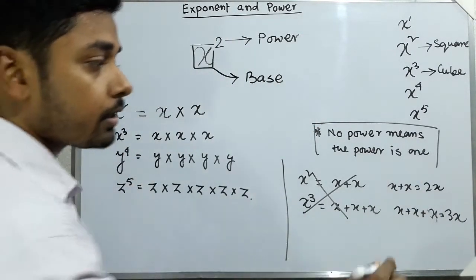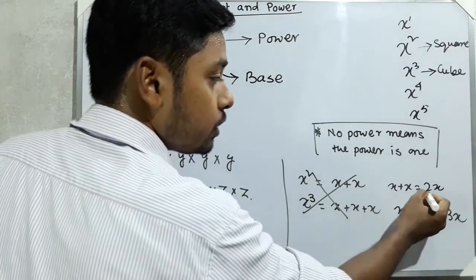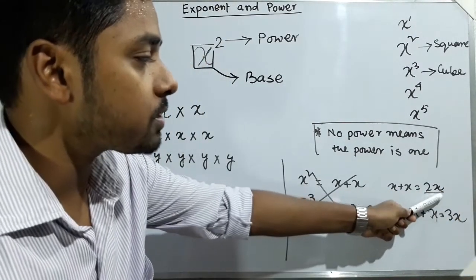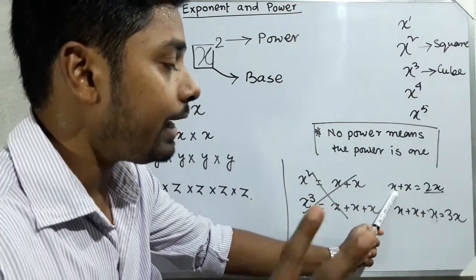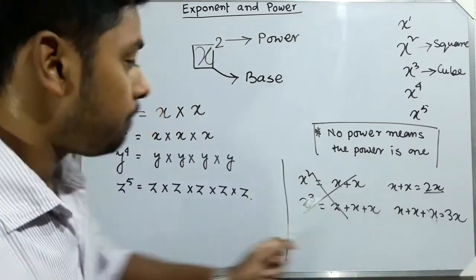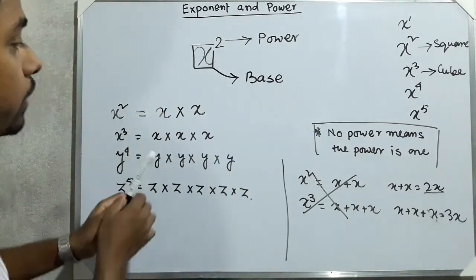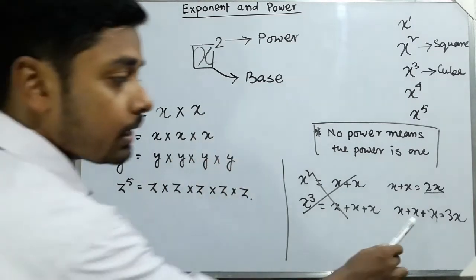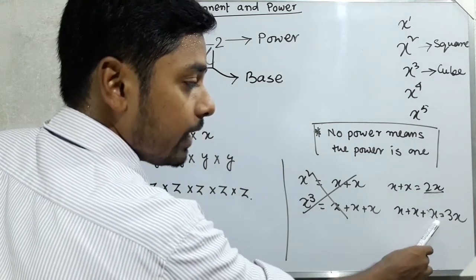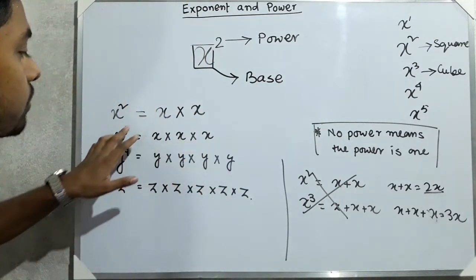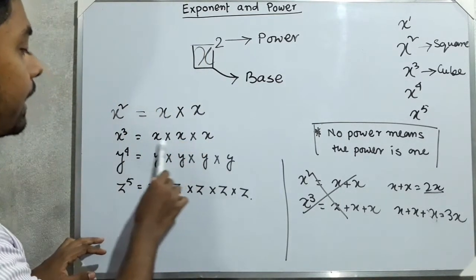Try to find out the difference between 2x and x square. 2x means we are adding x 2 times. But x to the power 2 means we are multiplying x 2 times. Similarly, 3x means we are adding x 3 times, and x to the power 3 means we are multiplying x 3 times.